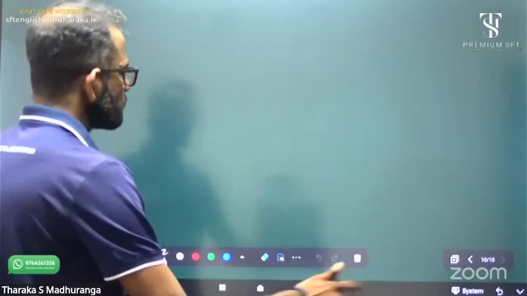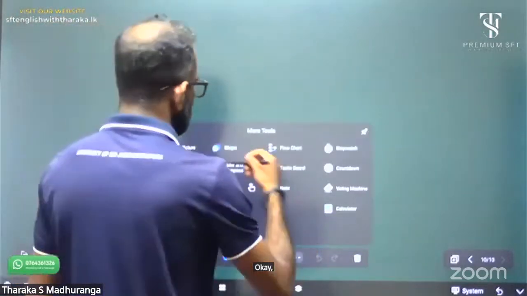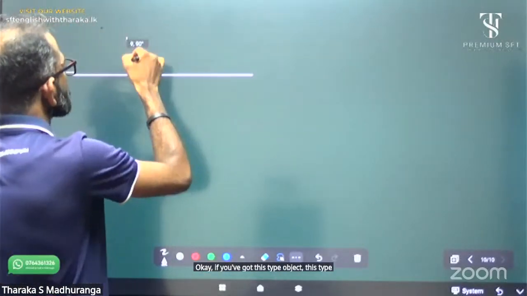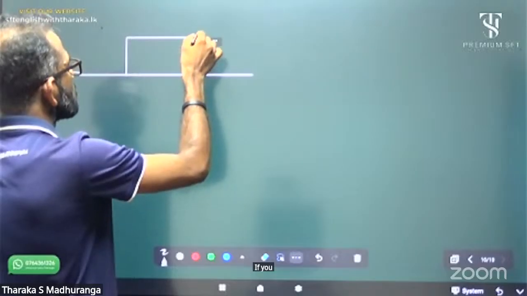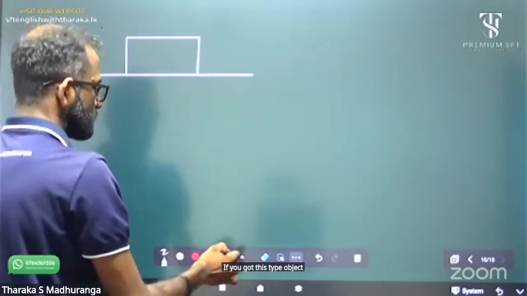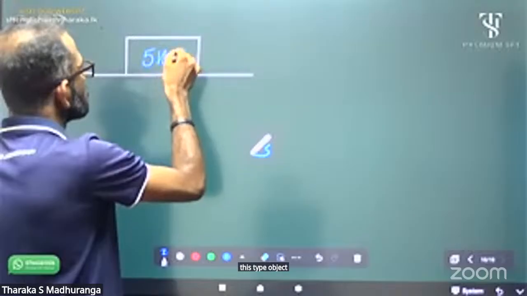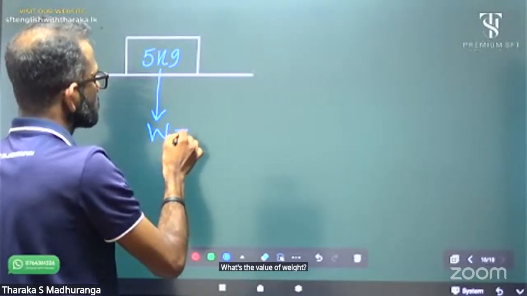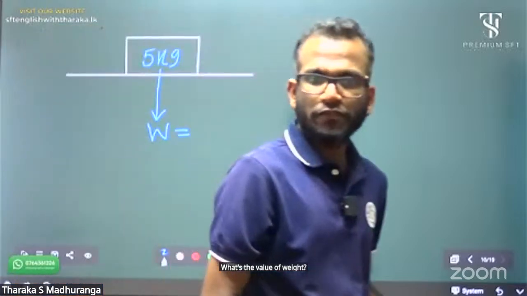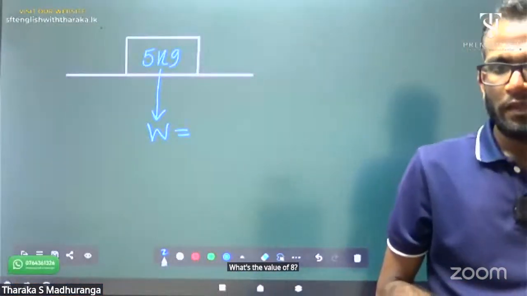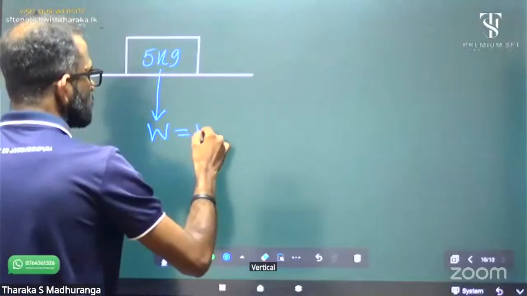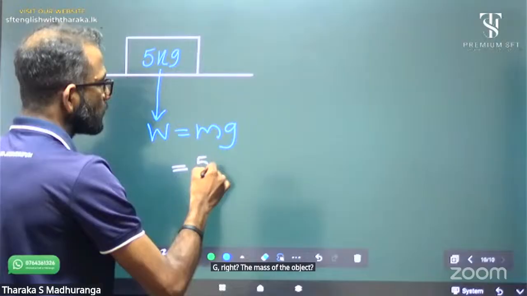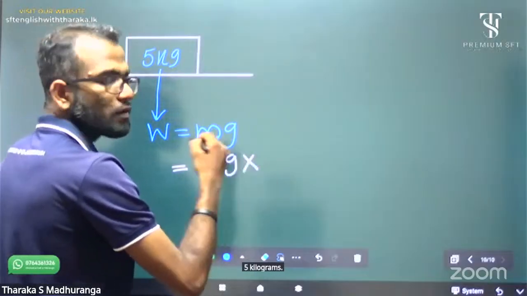Okay, if you got this type of object, it's a 5 kilogram object. What's the value of weight? Weight equals mg, right? The mass of the object is 5 kilogram.